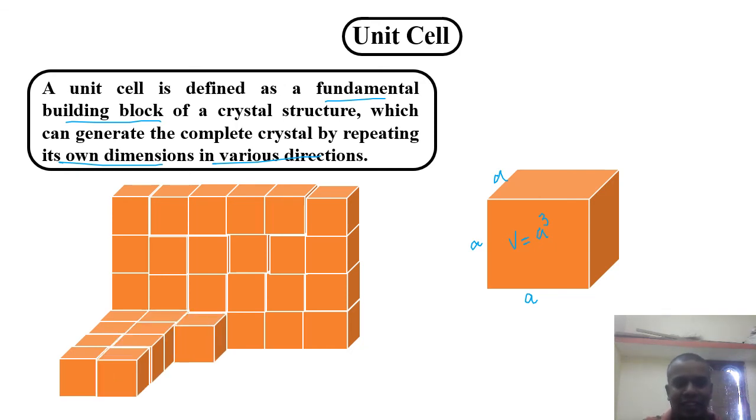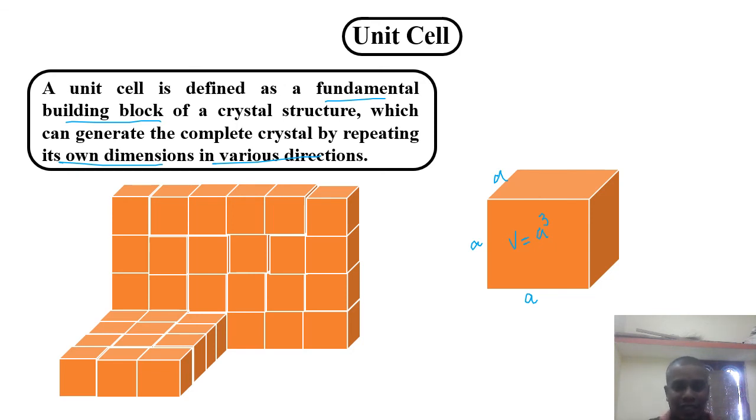See here, in this direction also you can repeat. If you fill up all the boxes, it will form a complete crystal structure. So here we are just taking the cubic unit cell, the fundamental volume in the crystal lattice, and repeating it in all directions.